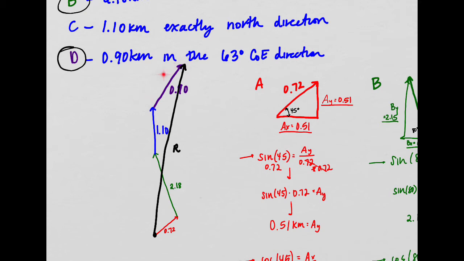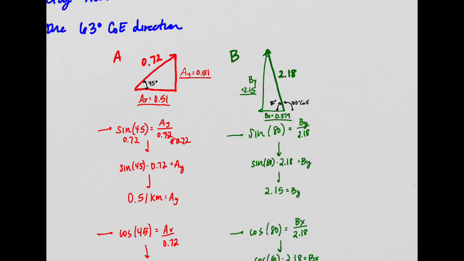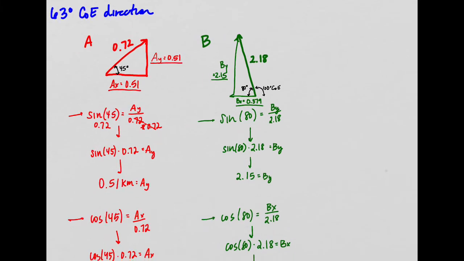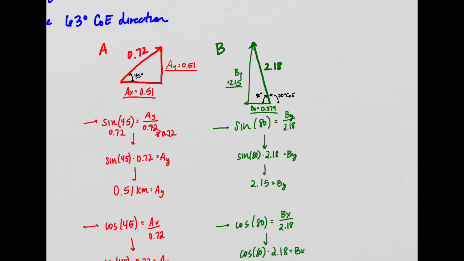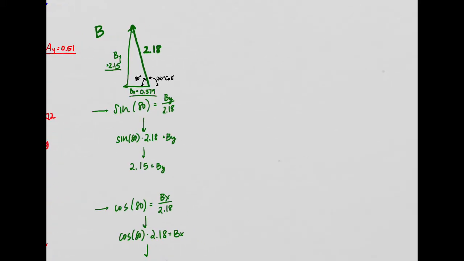Okay, but for D, we need to resolve that one into its horizontal and vertical components. So what do we have? We have 0.9 kilometers at 63 degrees. All right, so this is going to be D. D is right here, and it's at 63 degrees, so it's kind of like this, and it's going to be 0.90 kilometers.